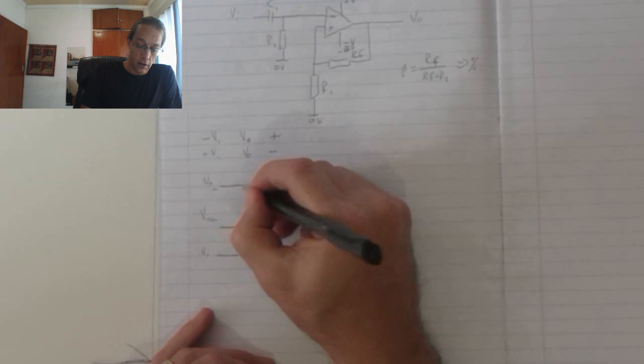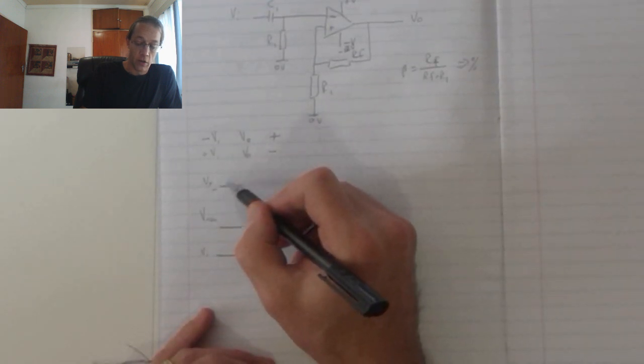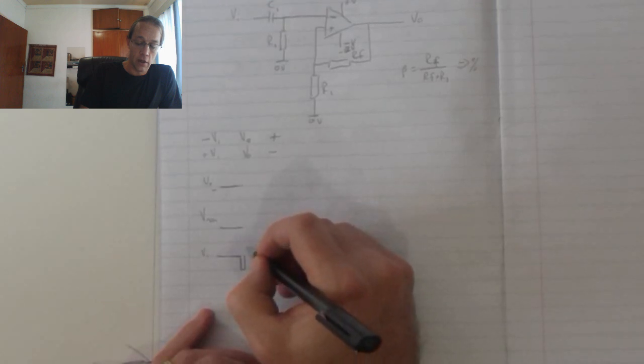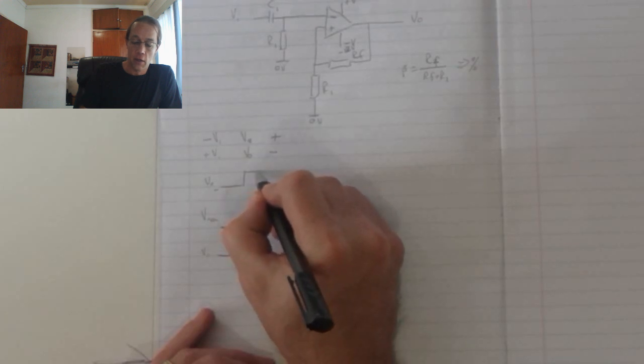Okay. So it'll stay at this state. Now, my output is negative, so I want to switch it positive, which means I need to supply a negative input voltage. A short pulse will allow my output to go to the positive value.